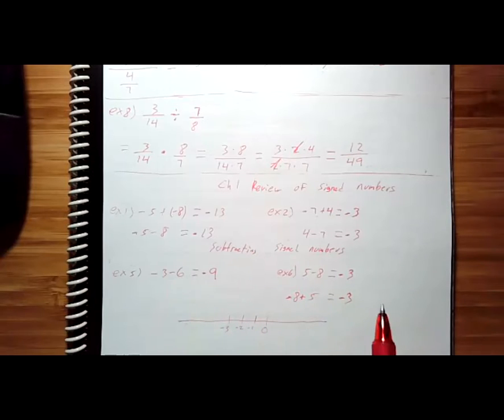If I subtract 6 more, I gotta go 1, 2, 3, 4, 5, 6 in this direction. So -4, -5, -6, -7, -8, -9. Right? So -3 minus 6 means go in that direction. So whenever you're struggling or you doubt yourself, you can always draw a number line and check. This is where you start. This is where you move. Right?